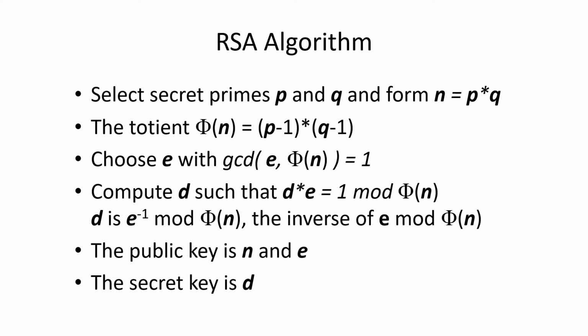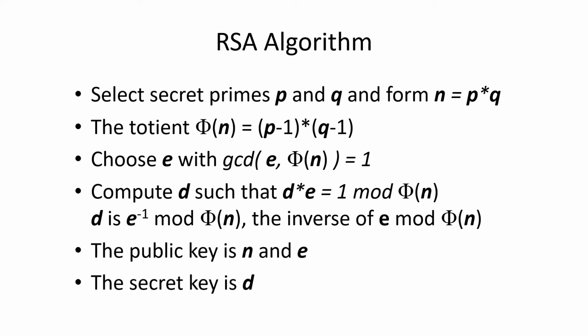So here is the way to form those numbers E and D and N. You start by getting two large prime numbers, which we'll call P and Q, and you multiply them together to get N. So N has only two factors, P and Q. And then you create the totient of N, which is P minus 1 times the quantity Q minus 1.